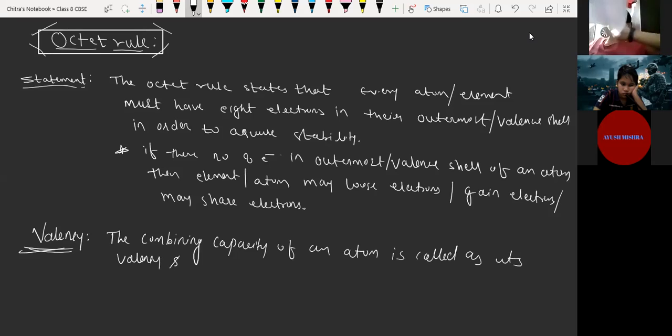And how is valency determined? How will you calculate valency?